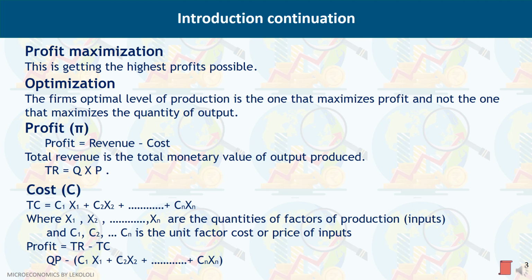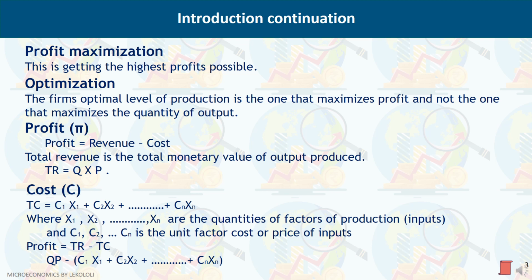Optimization, on the other hand, think of this as fine-tuning your business strategy. You are trying to get the best outcome, whether that means maximizing something like profit or minimizing something like cost.